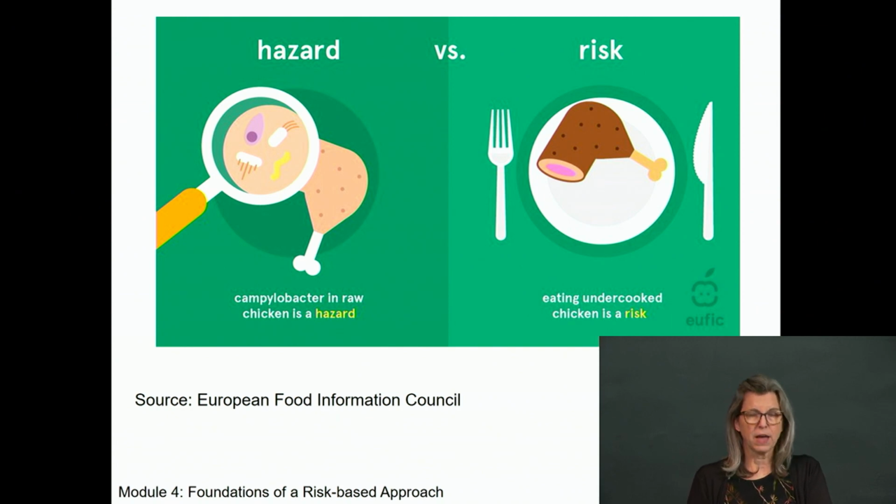And that's the part that calculates the likelihood of harm. So eating undercooked chicken is a risk because then you know that you're eating something that has this Campylobacter contamination in it. But if you're not eating undercooked chicken and you're able to eliminate all that hazard, then that's no longer a risk. So that's really trying to separate the idea of hazard from risk.